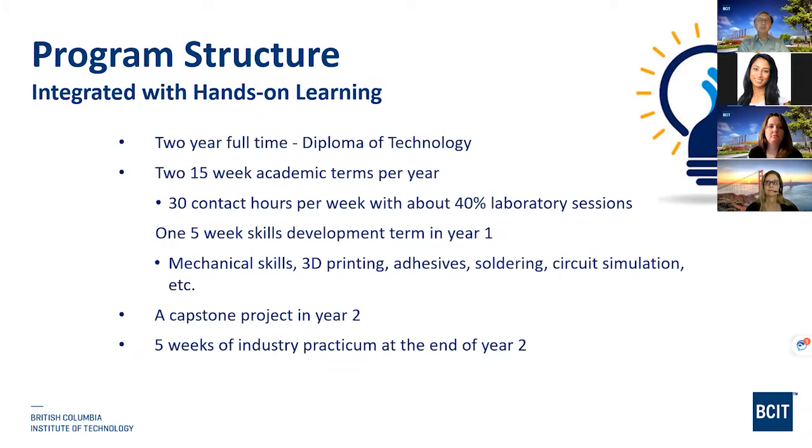These are skills that technologists will need to know and find useful. So that's first year. And in second year, you again get 2 academic terms: September, and then the winter term starting in January.